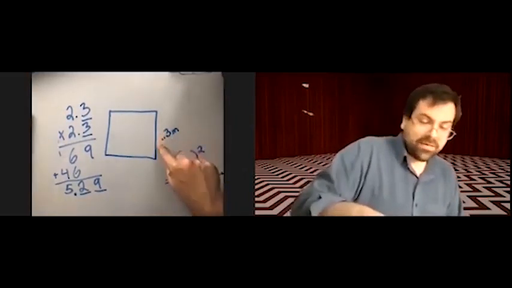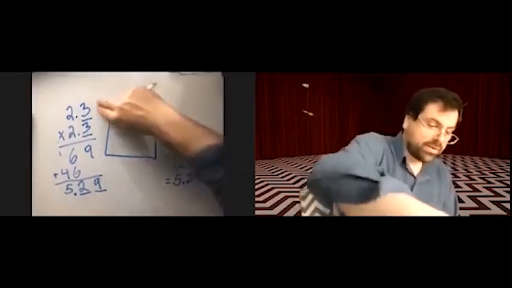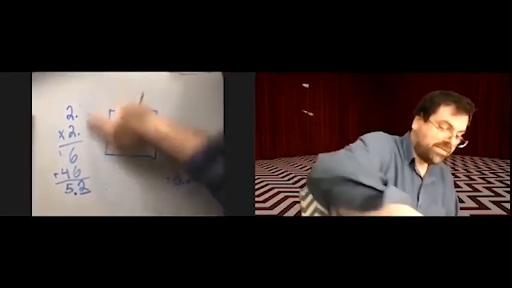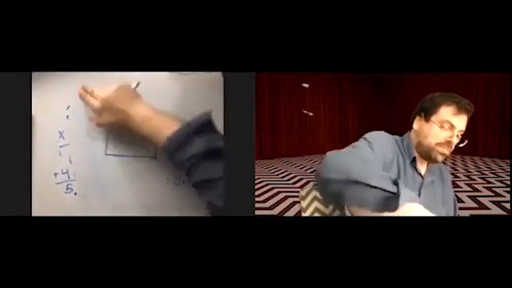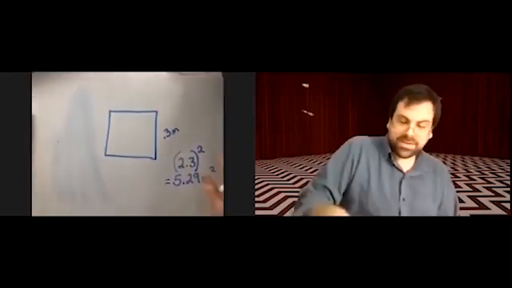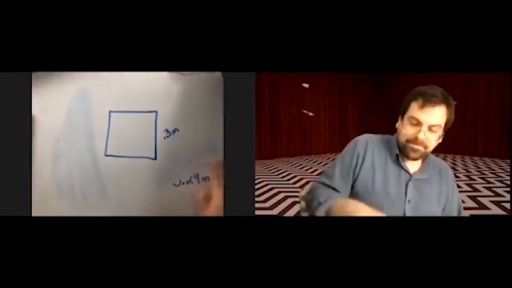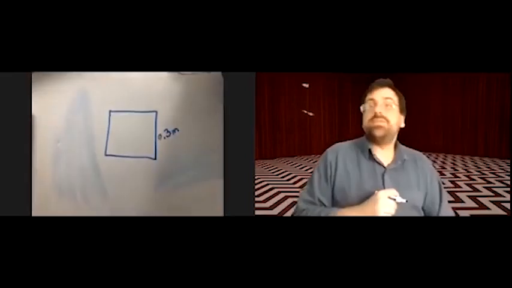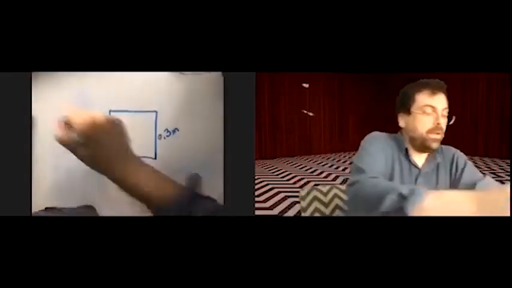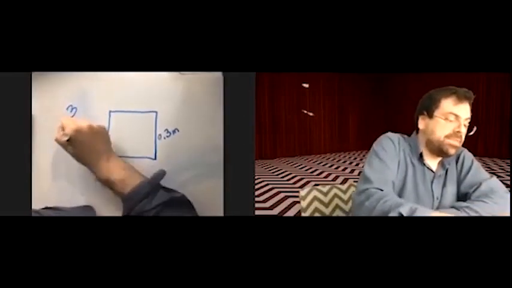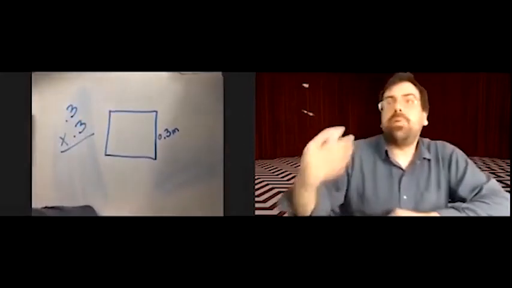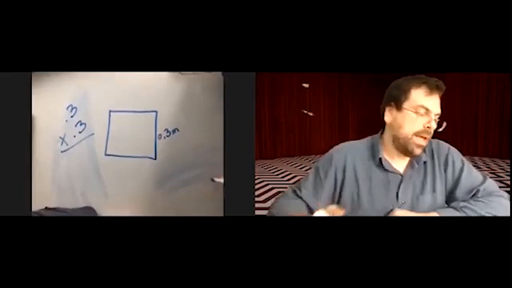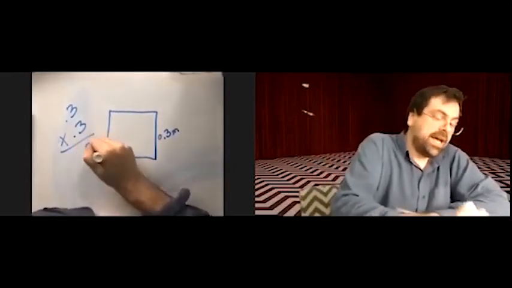Let's say the side of the square was just 0.3 meters. Same thing. Well, 0.3 times 0.3 is not 0.9. 3 times 3 is 9.